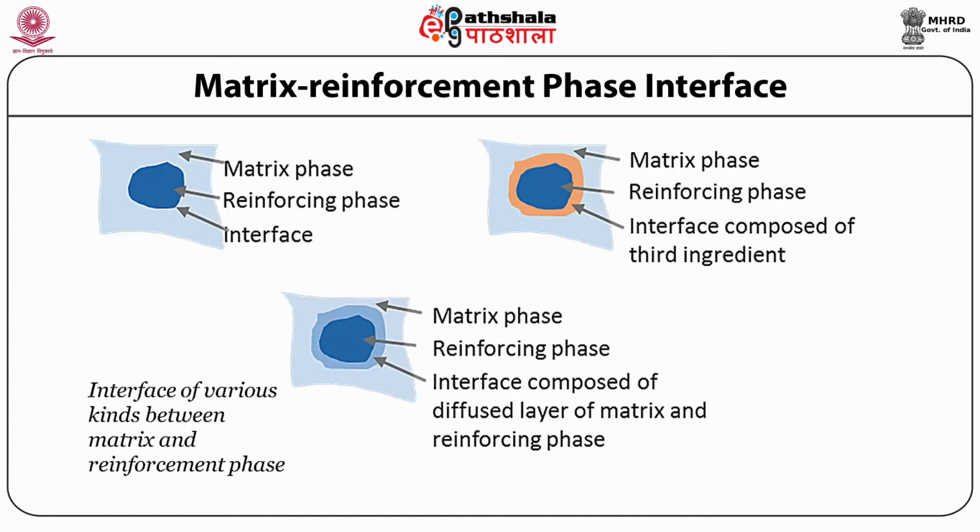Now the second figure shows that there is an orange layer formed at the interface, which is composed of a third ingredient, and this orange layer is converted into a blue one composed of the diffused layer of matrix and reinforcing phase.